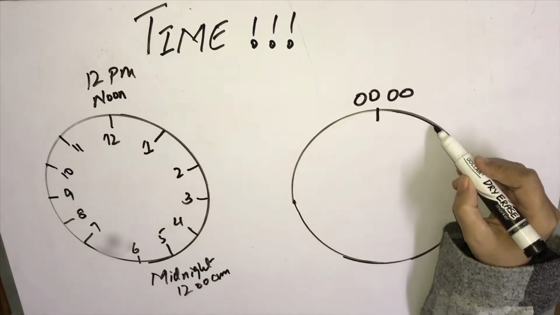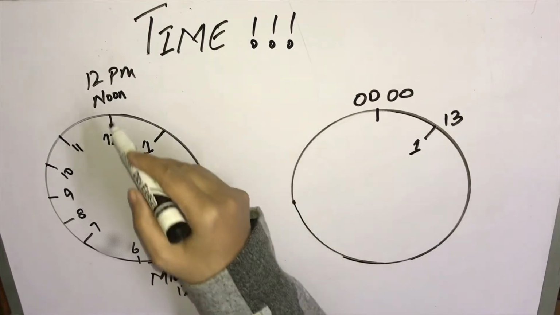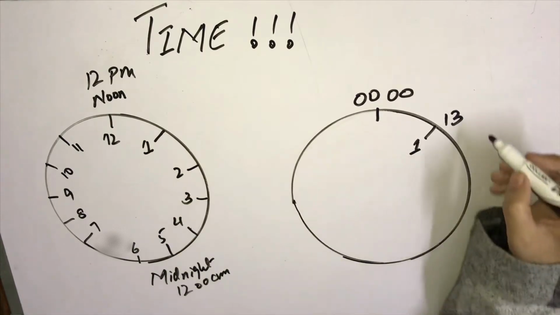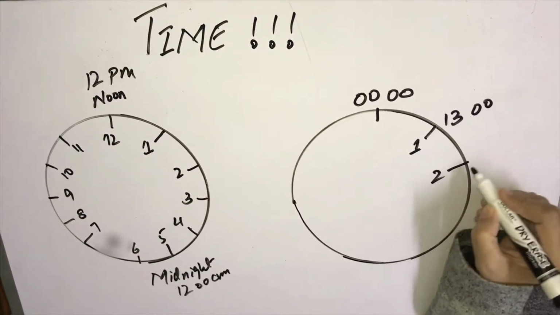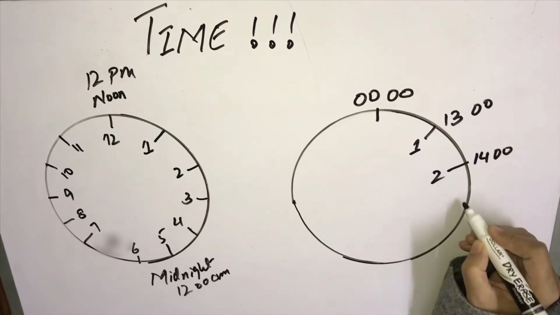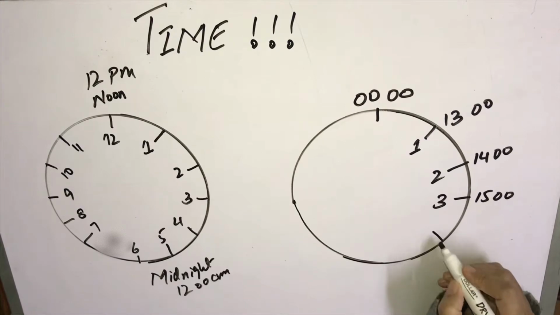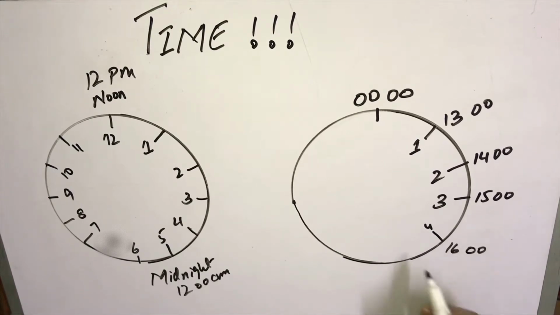After 12, when we go to digital clock, it is 13. Afternoon, after noon, when afternoon starts, it is basically 1300. This is 1400. This is 1500. 4 o'clock in the evening or afternoon is 16 hours and 0 minutes.